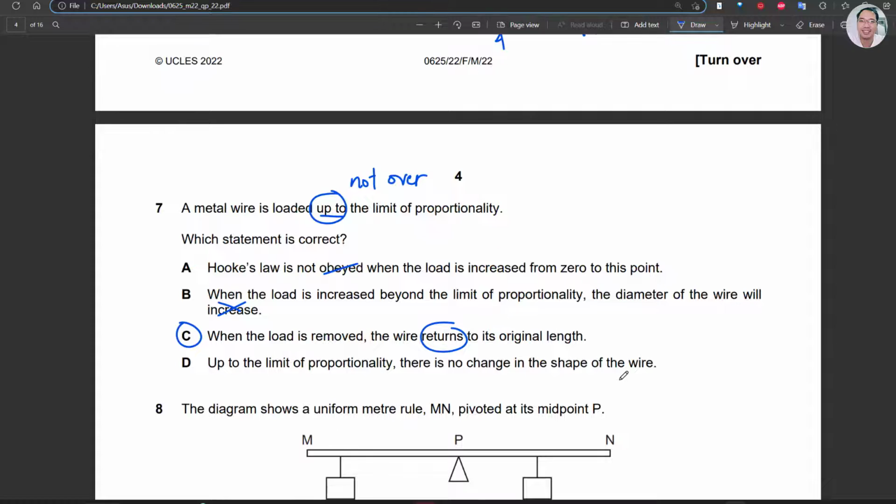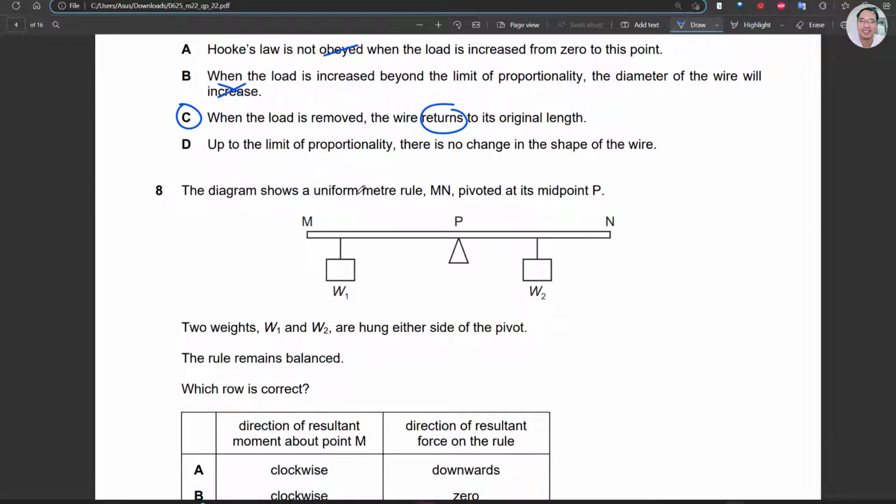The diagram shows a uniform rule MN pivoted at its middle point P. The two weights W1, W2 hang either side of the pivot. The rule remains balanced. Which row is correct?